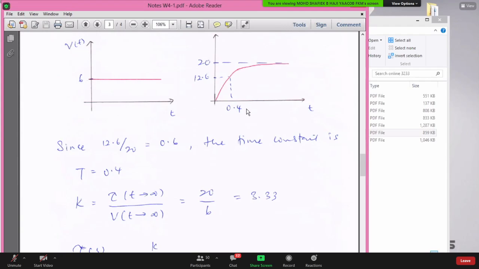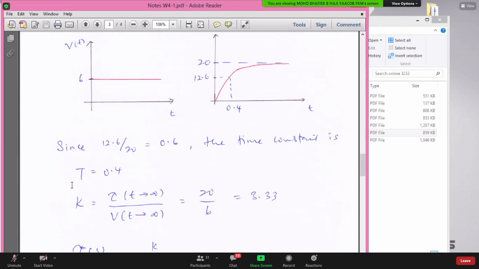So we can approximate that the time constant of the motor is 0.4 second. That is the time constant. The gain is the final value of the output divided by the final value of the input. The input is constant 6. The final value of the torque is 20. So 20 divided by 6, you get 3.33.